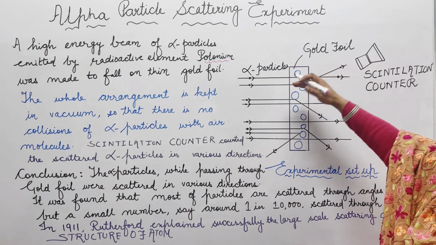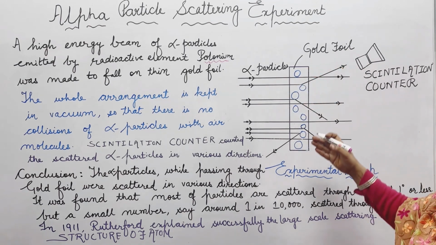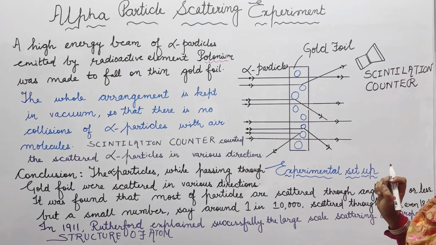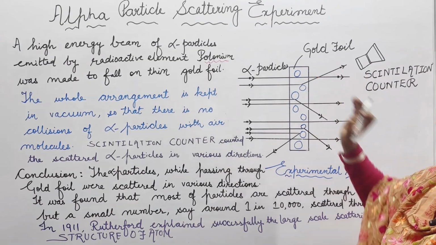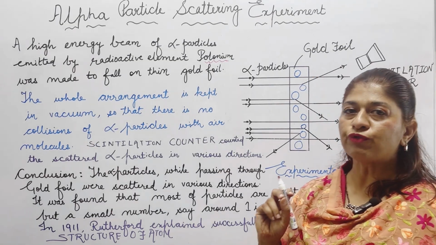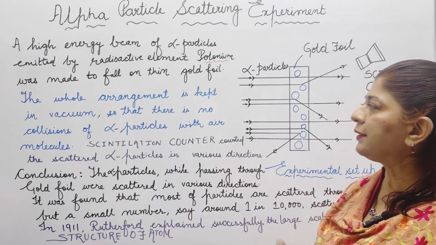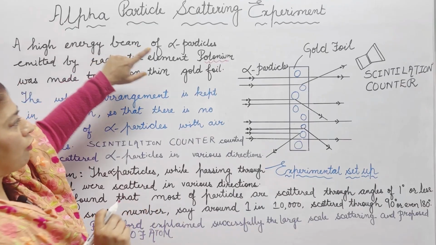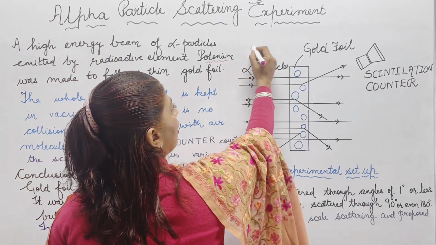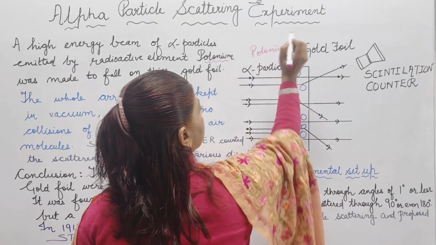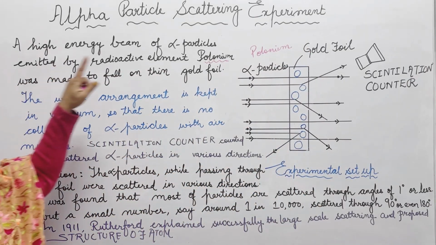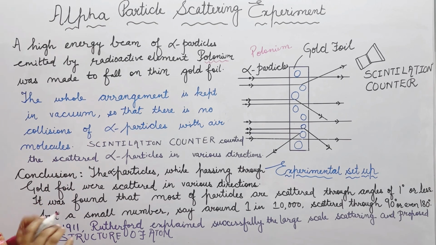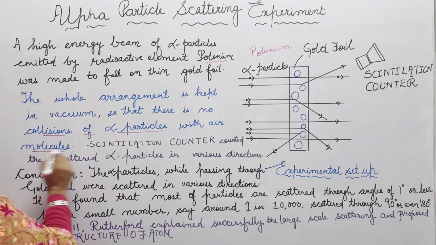After deflection, or after interaction with the atoms of the gold foil, the particles are collected and counted by the scintillation counter. The whole arrangement is kept inside a vacuum so that there is no interaction between the alpha particles and the air molecules.